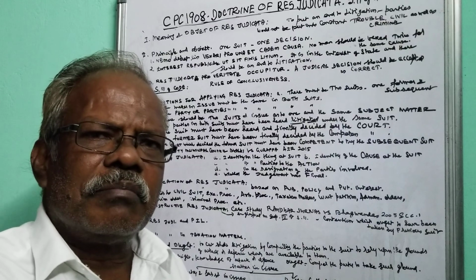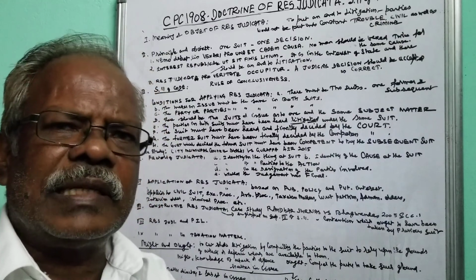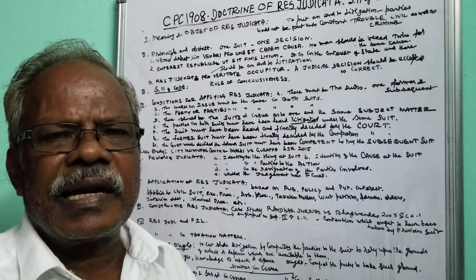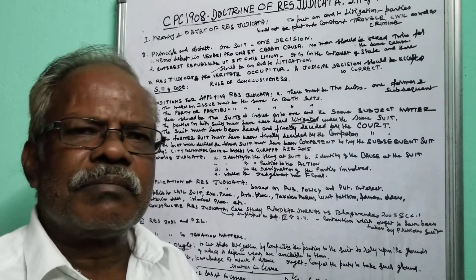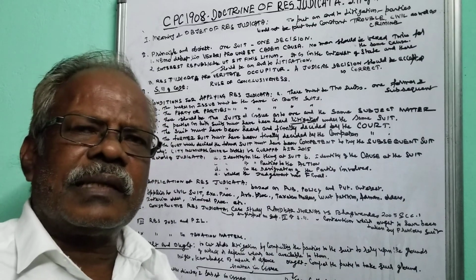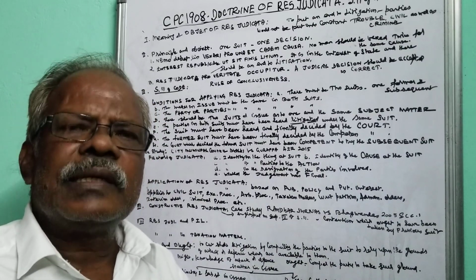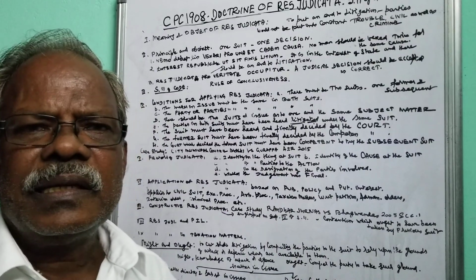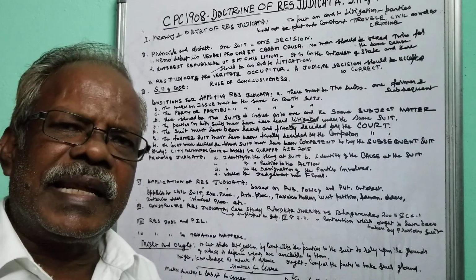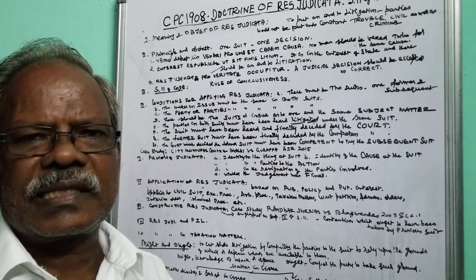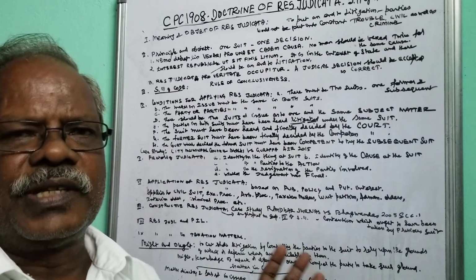The direct illustration: A sues B for the rent, and B denies that there is any rent due. Party A claims it, and B may either deny it or accept it. If that is the case, it is called direct res judicata.